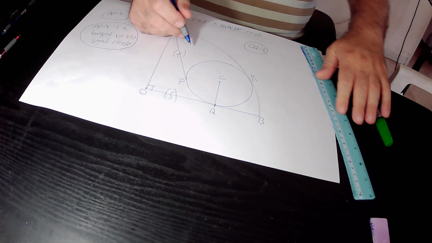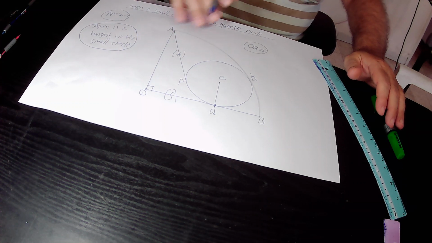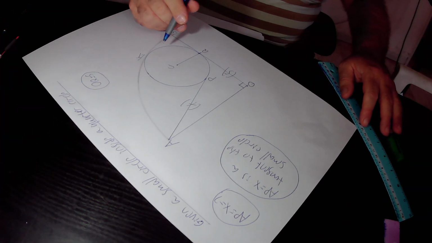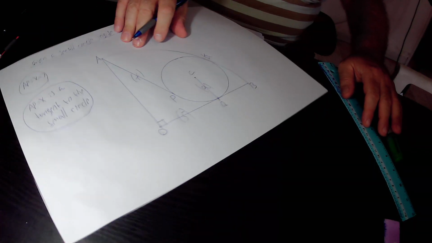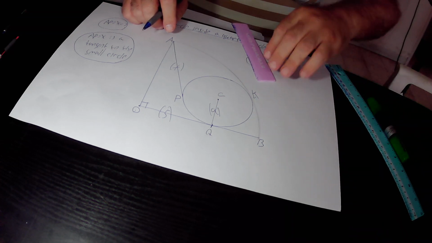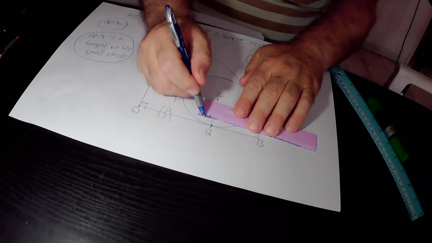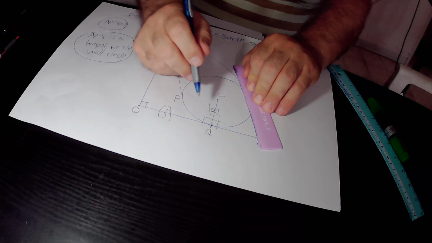CQ is of course the radius of this small circle. We define the radius of this small circle as a, so CQ equals a. Here this angle equals 90 degrees, and this angle also equals 90 degrees according to rule 1.